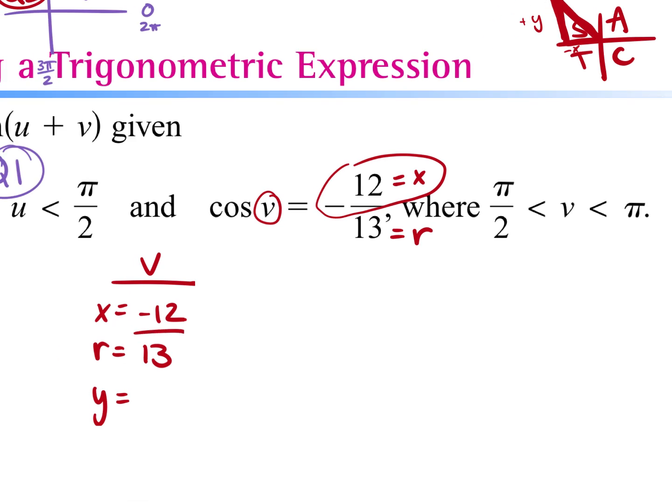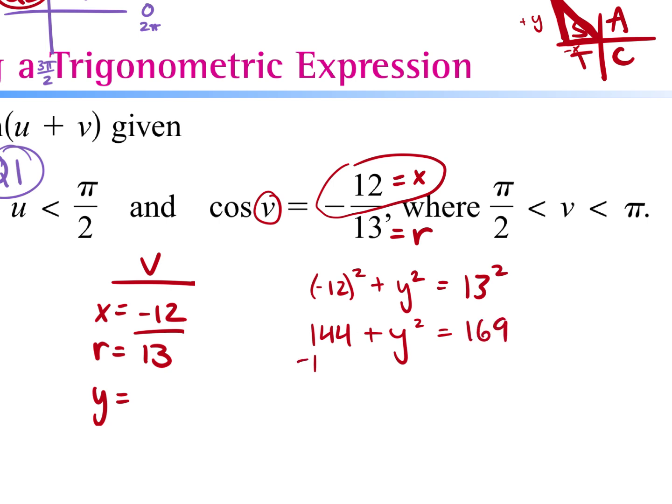How would we find Y? Pythagorean theorem. So negative 12 squared plus Y squared equals 13 squared. Be careful with your signs here. When we square negative 12, it's positive 144. And 13 squared would be 169.